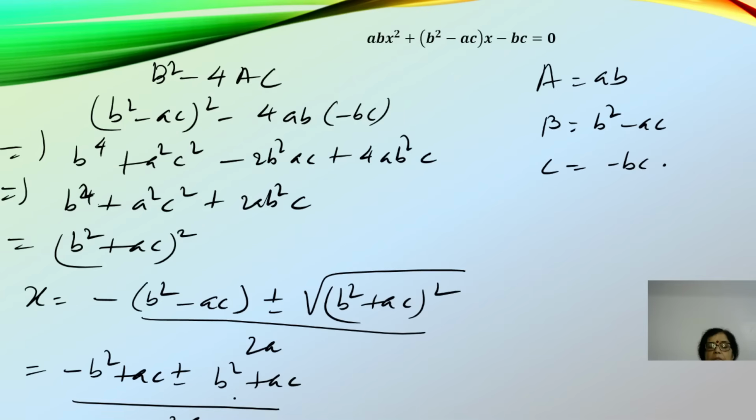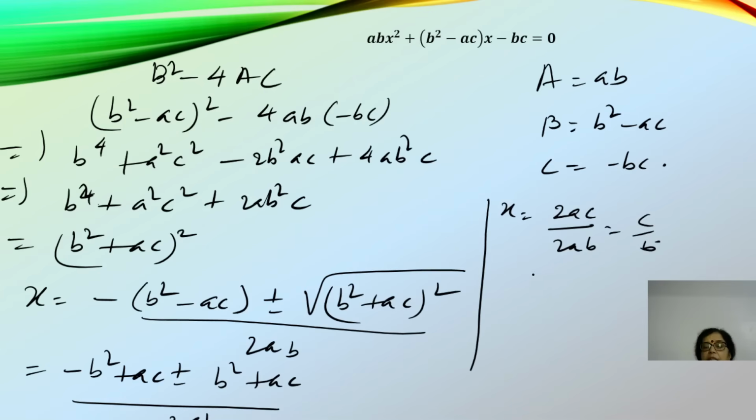If we take the positive sign, in that case, x will be equal to, ac will get cancelled, b squared will get cancelled. We'll be left with 2ac by 2ab. So that will give us c upon b, one solution.